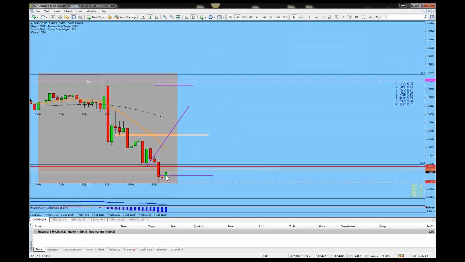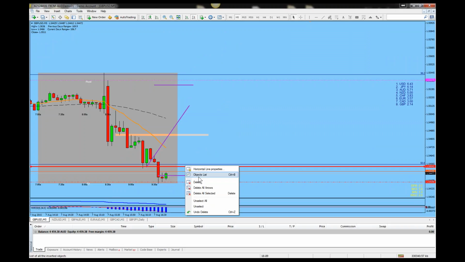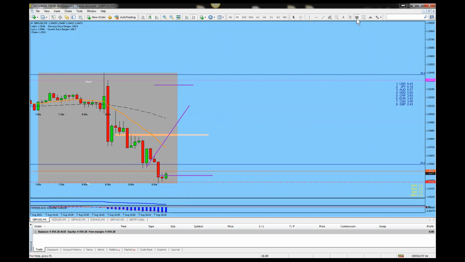Right, here's that pullback. Okay, 1, 2, 3, 4 candles deep, bounced off S1, and this red line here. Let me just draw the box in. If this is to pull back, I'm looking at somewhere in here. When I say somewhere in here, this could go up and spike above this, but close back inside here.